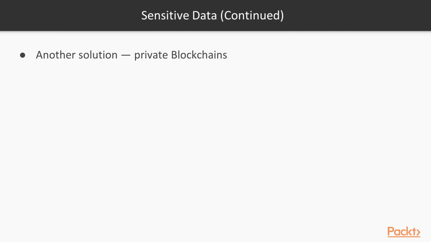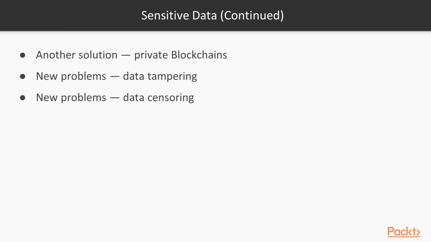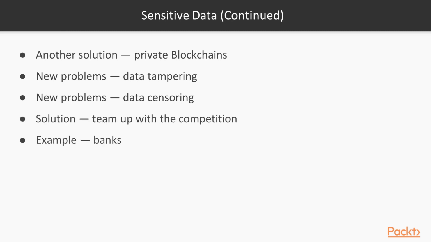Another solution, as I said before, are private blockchains. But this does introduce some new problems, like data tampering and data censoring. Luckily, these problems are only really a problem if and only if your private blockchain is purely hosted by entities under your control. So what you want to do is, like, the banks are now experimenting with this, like Bank A will team up with Bank B, and they will team up with Bank C, and they will set up one private blockchain amongst the banks.